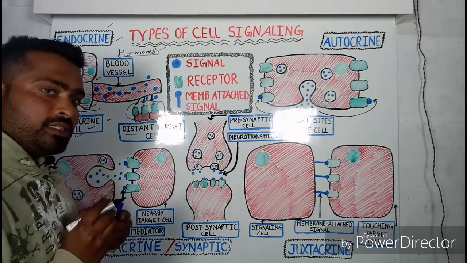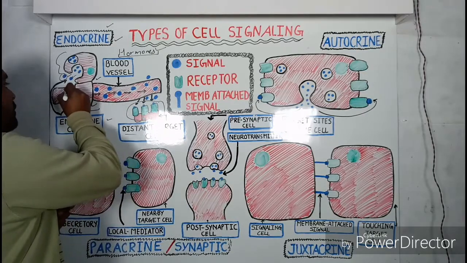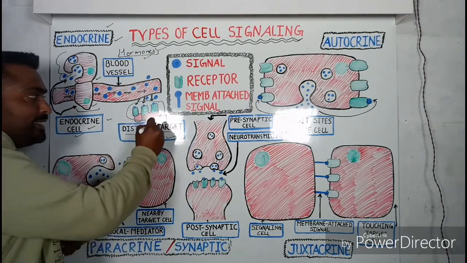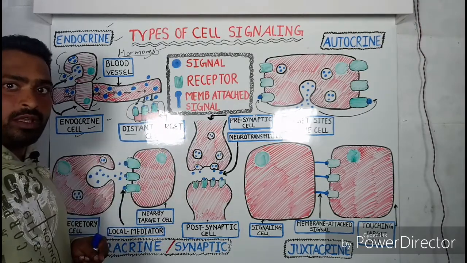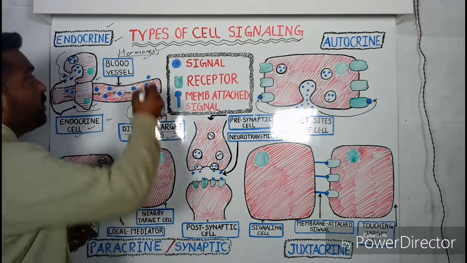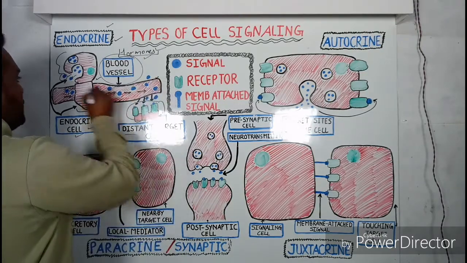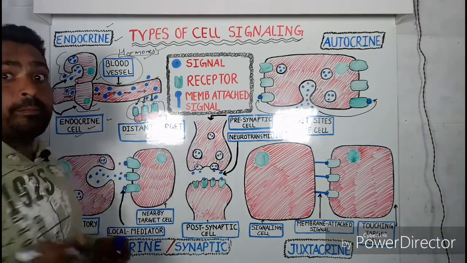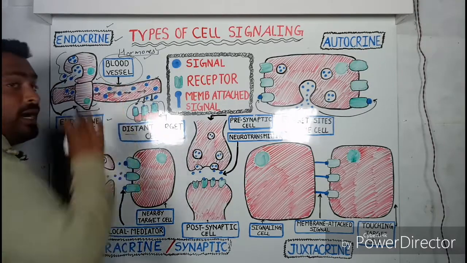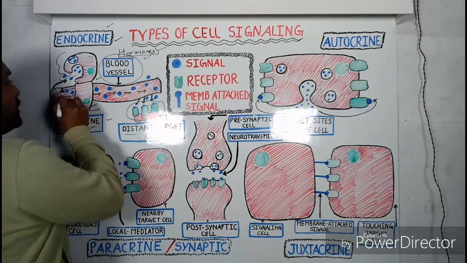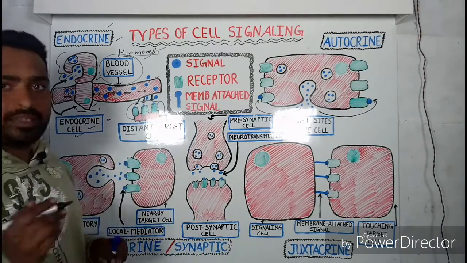So the question is how these signaling molecules, the hormones, will reach the target cells. That is done with the help of blood vessels. This tube is like a blood vessel, so blood vessels help in the movement of these molecules to the target cells.